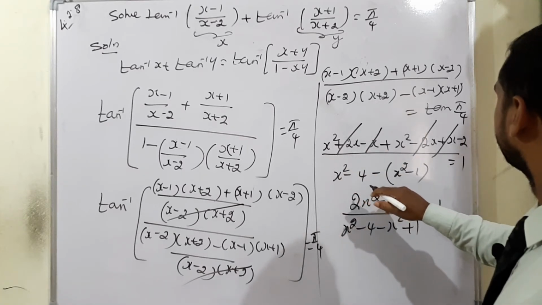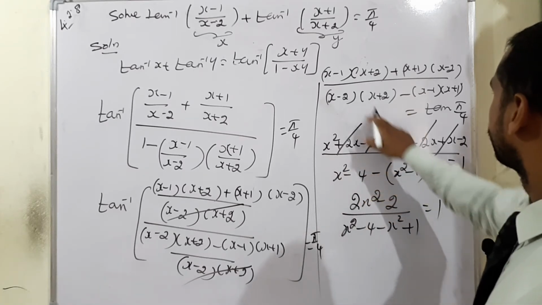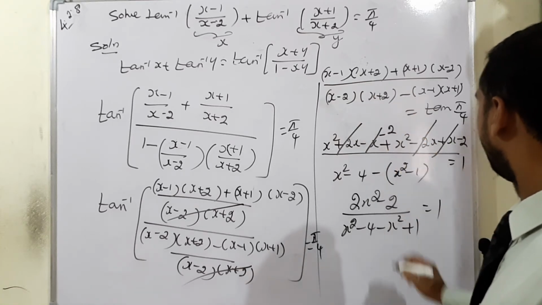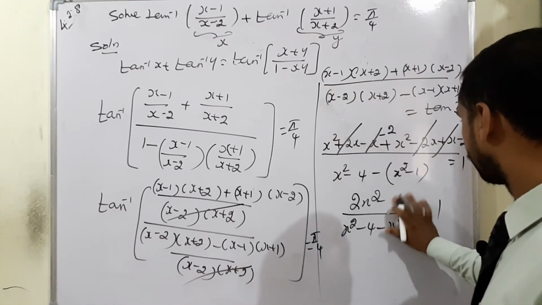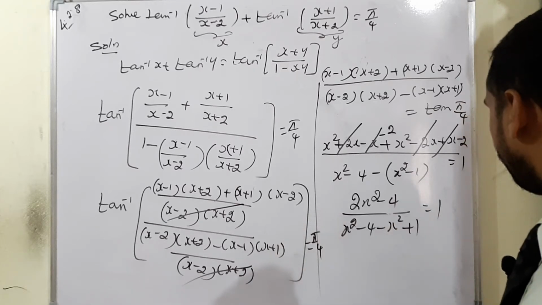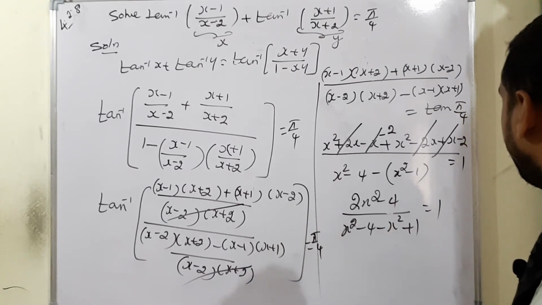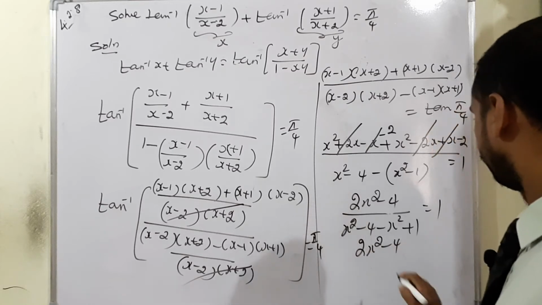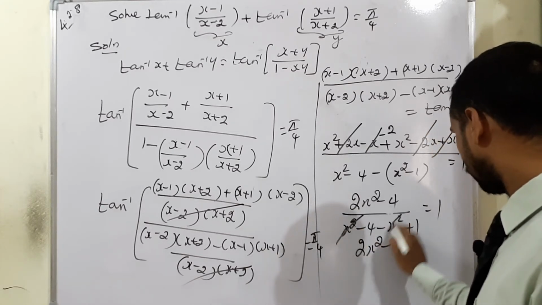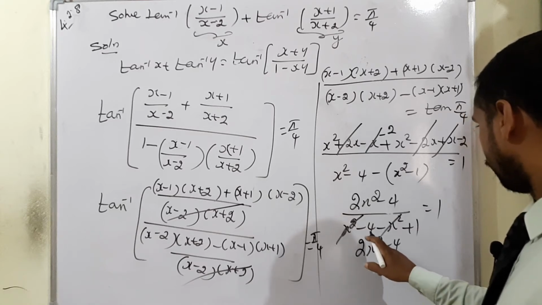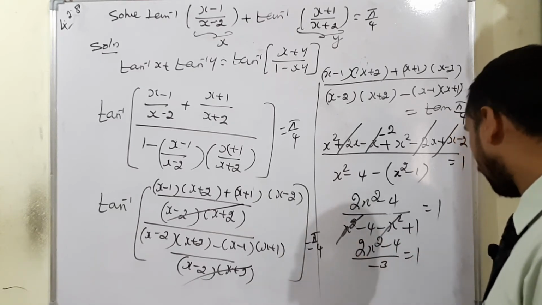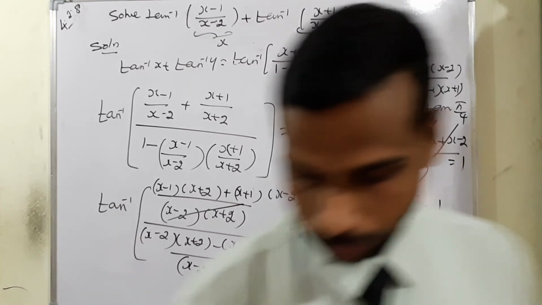Sorry, here also minus 1 into minus 2, there is one constant term that will come. Minus 2 and minus 2 means minus 4. So now 2x square minus 4, and in the denominator plus x square minus x square cancel, therefore minus 4 plus 1 means minus 3 is equal to 1, isn't it? Next, what we have to do?